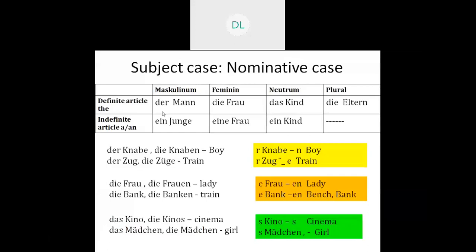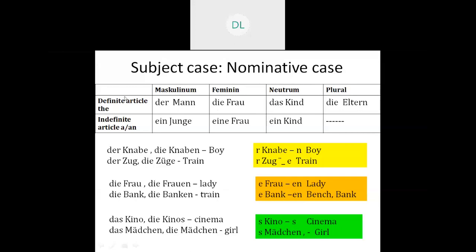See here I have der Mann, die Frau, das Kind. For masculine I have der, for feminine die, and for neutral das. Der, die, and das, they all mean 'the' only. Again, I am repeating: der, die, das, they all mean 'the' only.